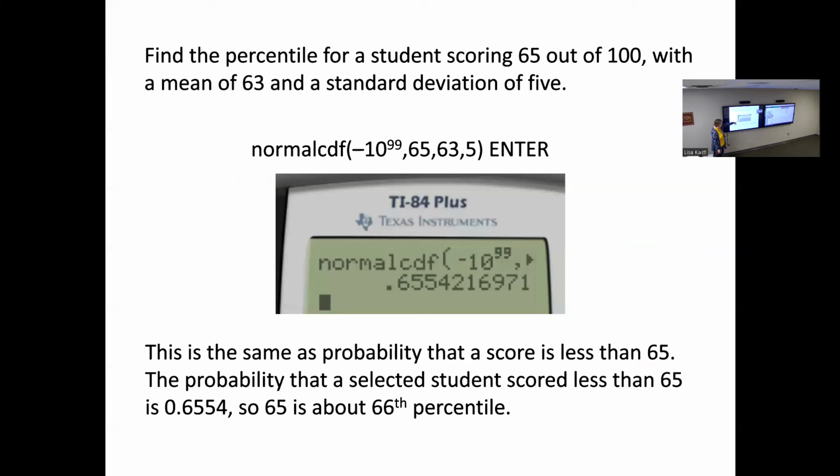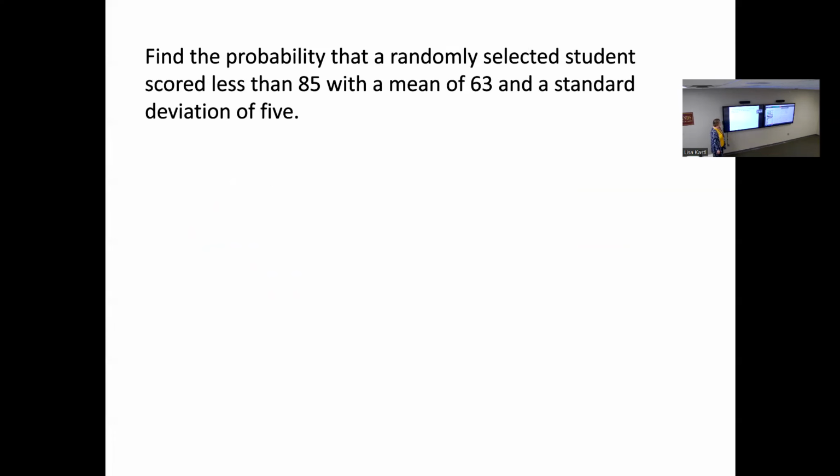Okay, so on our calculator, normal CDF, -1 times 10 to the 99, 65, 63, 5. And find the probability. I guess I should have written that correctly.